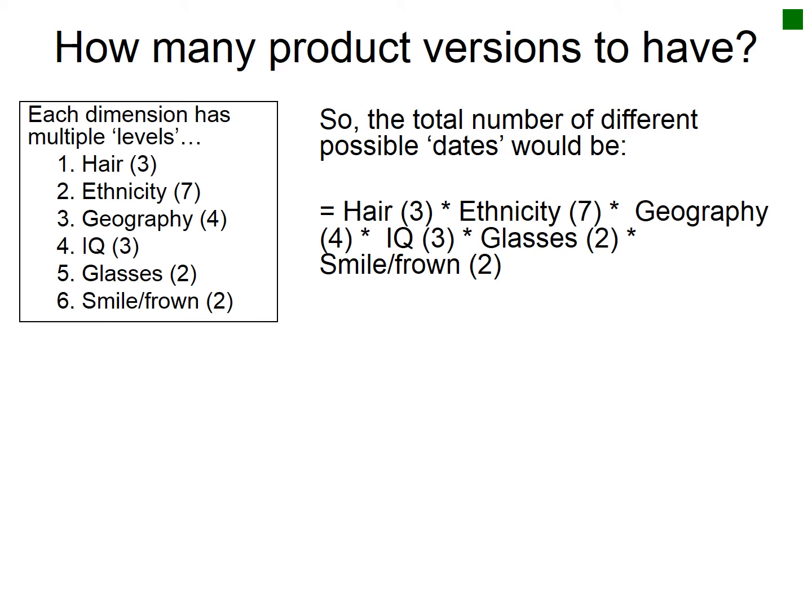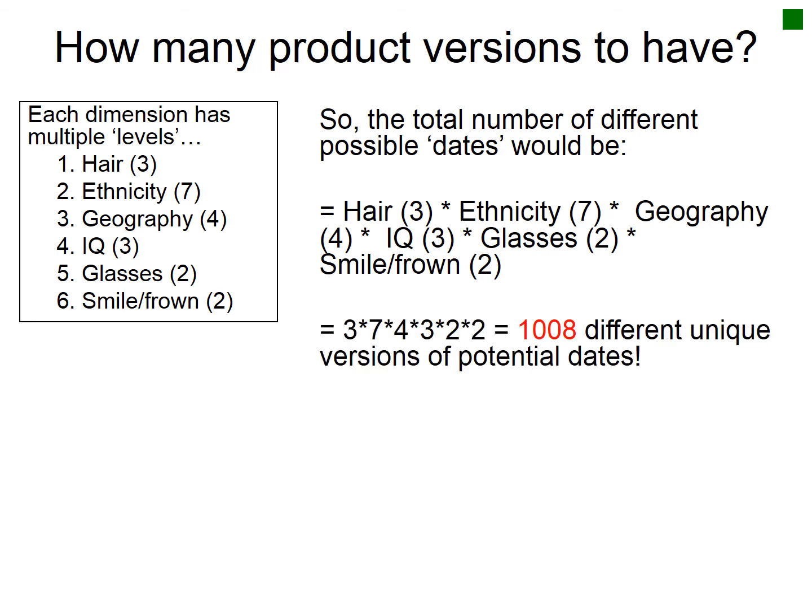If you count up how many different levels we have for each attribute, and then multiply those together, we get our total number of possible products, and in this case, different types of dates that could be had.